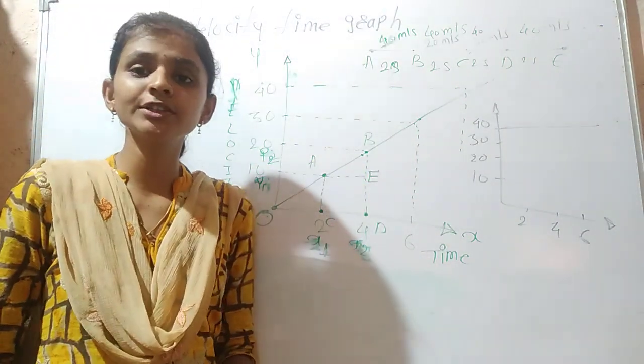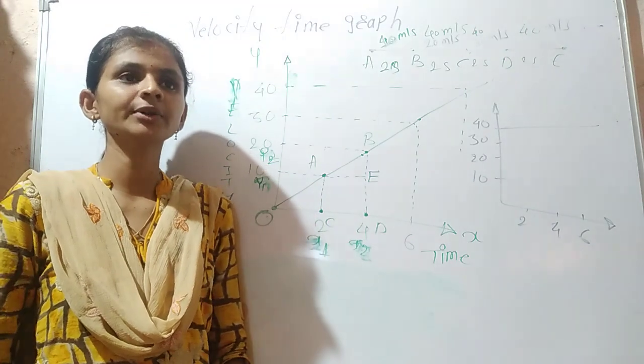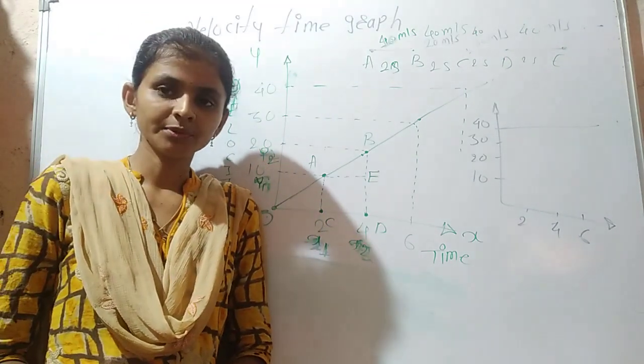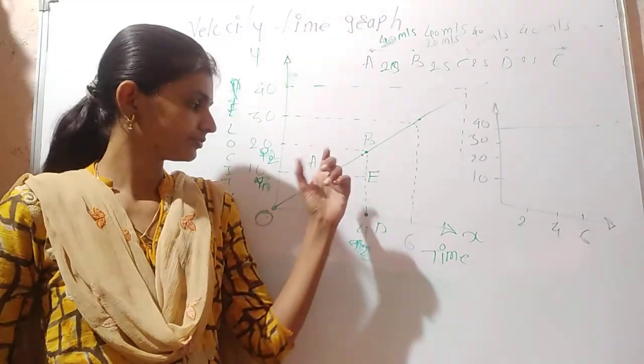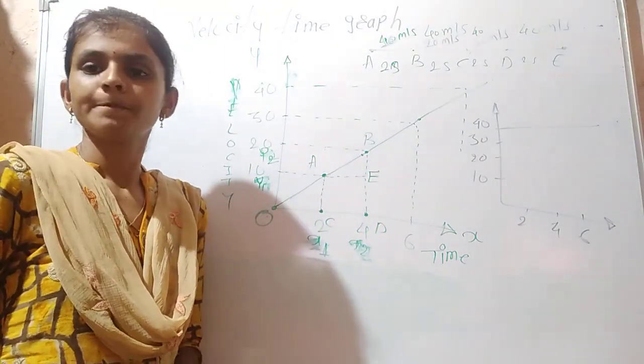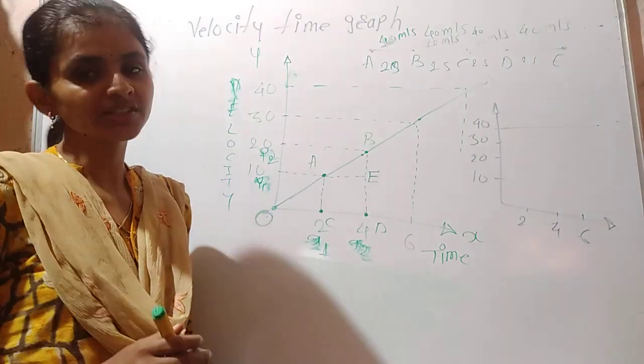So it is very easy to calculate the total distance travelled, because the total distance travelled is equal to the total area covered. Whatever area there is, that area is equal to the distance travelled.